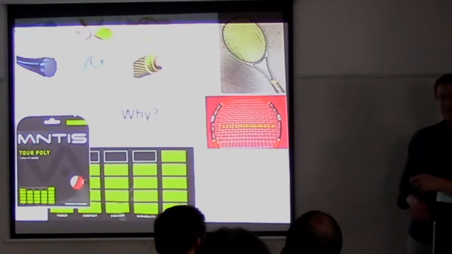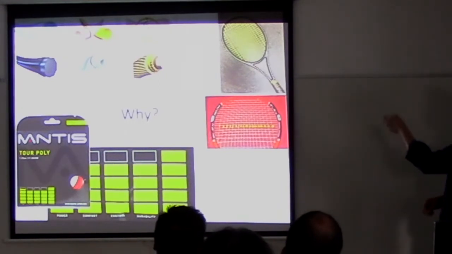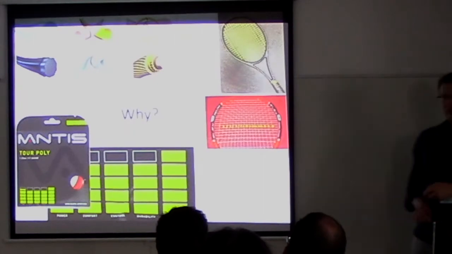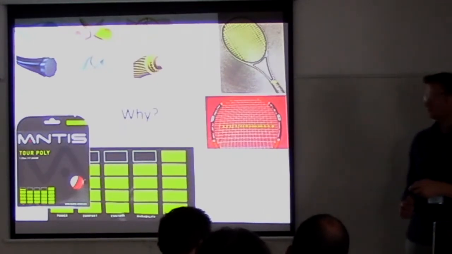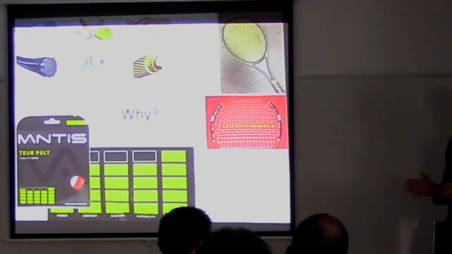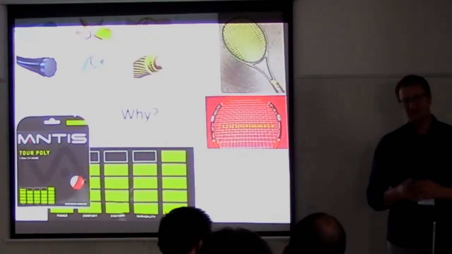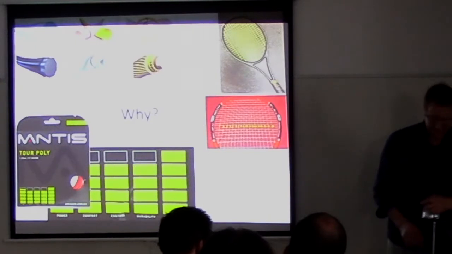It only has 14 main strings, so the main strings are the ones that run parallel to the handle, the longest axis, if you like, on the ellipse. But then we can have other main string quantities going up to 20, but 16 is generally the preferred one. So again, how does this affect the string bed? This is what I was trying to tackle.